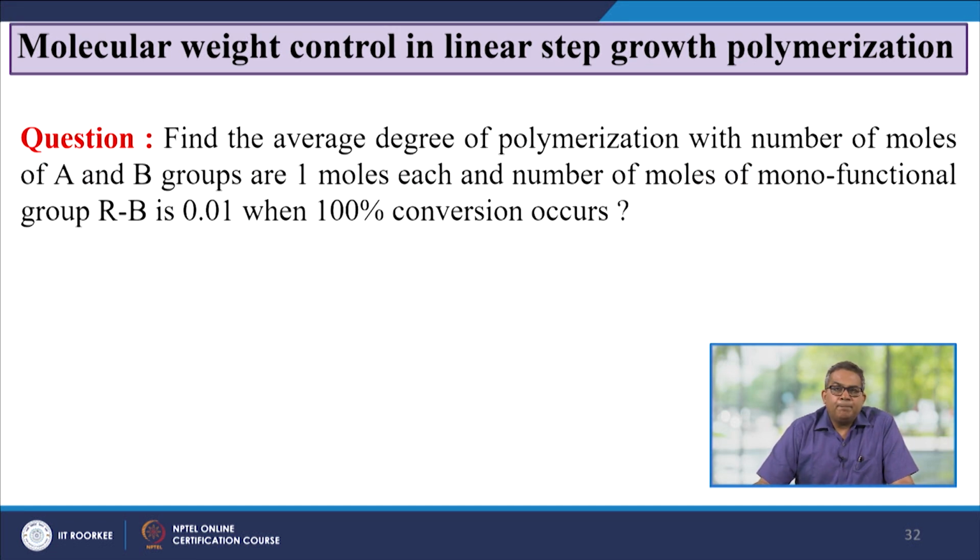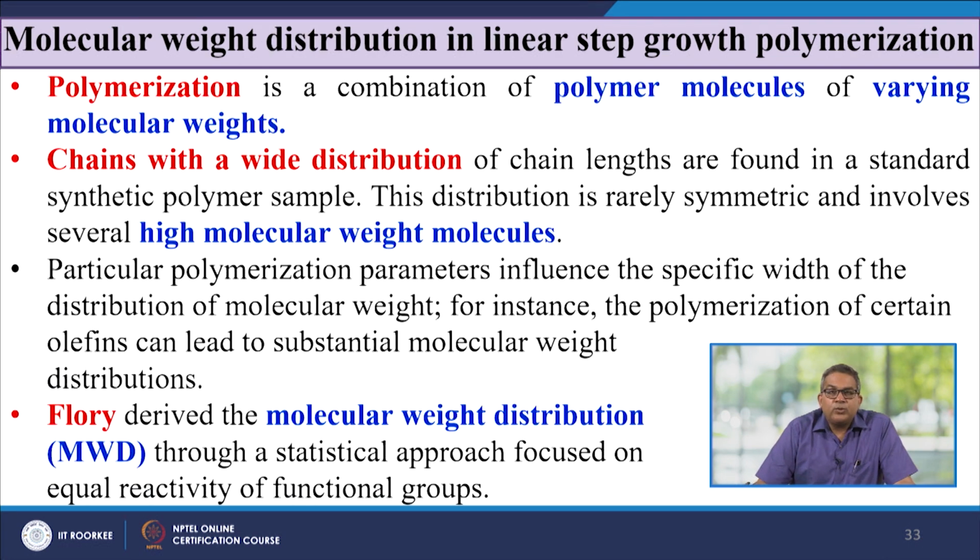Now here we need to calculate the average degree of polymerization with the numbers of moles of A and B given, and the number of moles of monofunctional reactant is 0.01 when 100% conversion occurs. I am leaving this particular question for you as a tutorial.